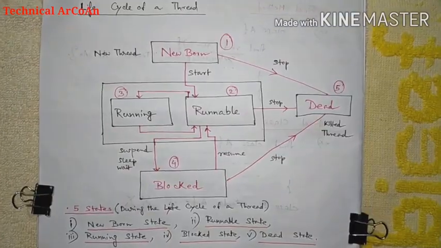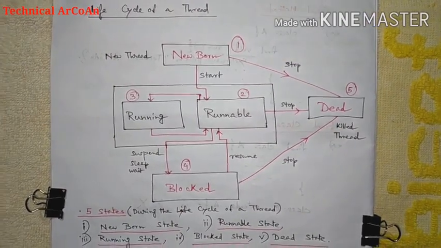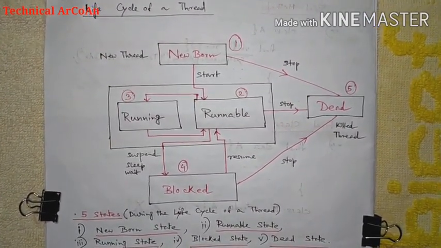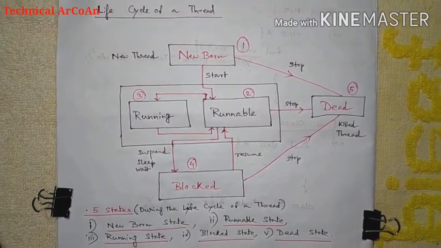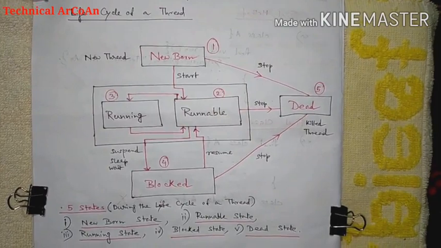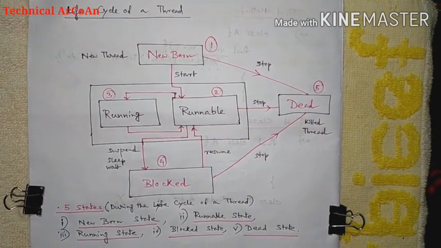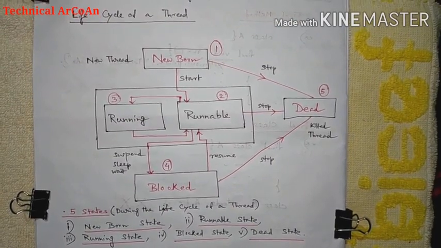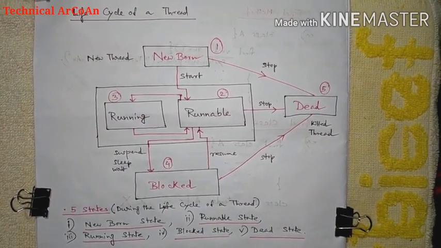Now there may arise a question: what is the difference between multitasking and multi-threading? Multitasking is when multiple processes share common processing resources such as a CPU.